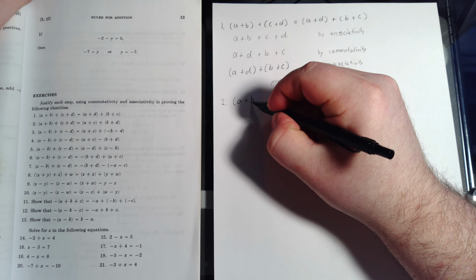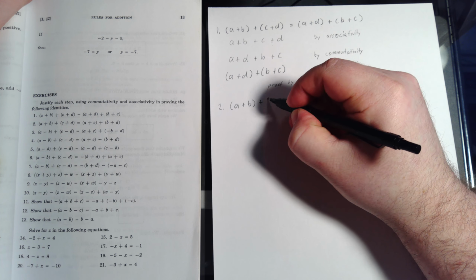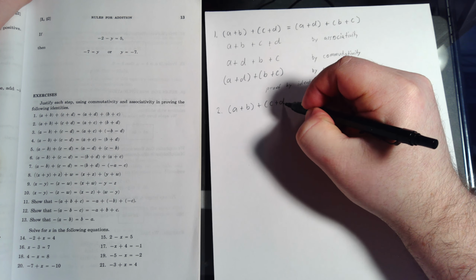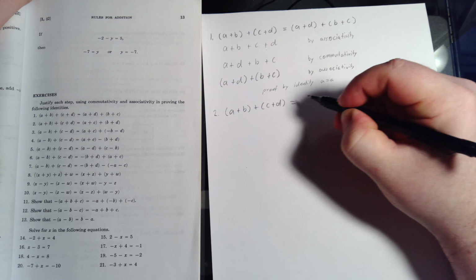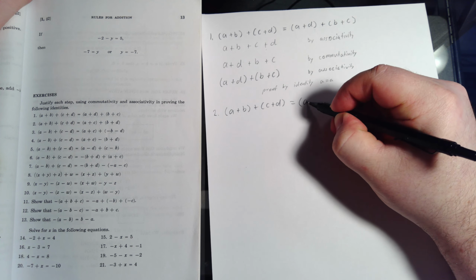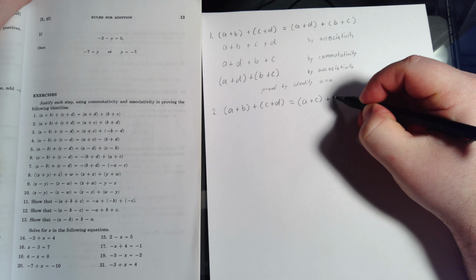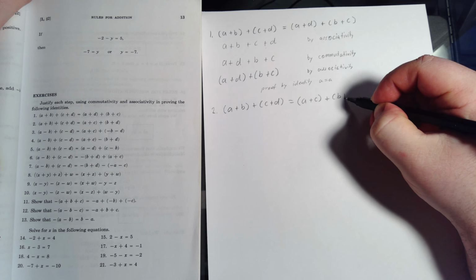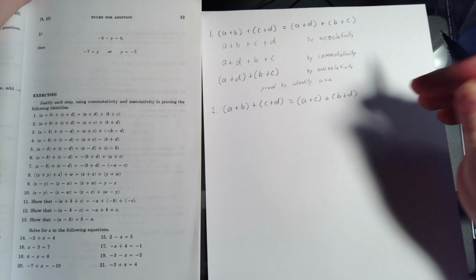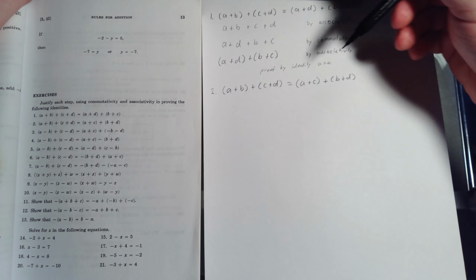So now we have problem 2, where we have A plus B plus C plus D is equal to A plus C plus B plus D. Now read this off again.